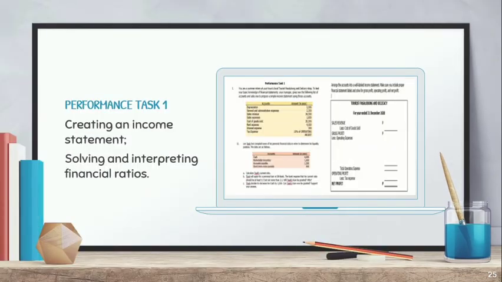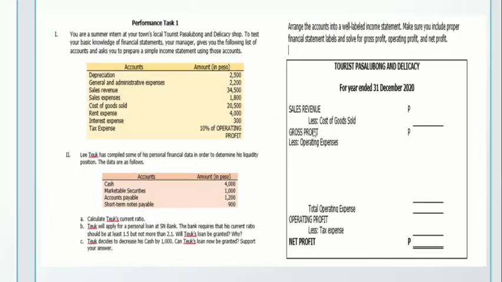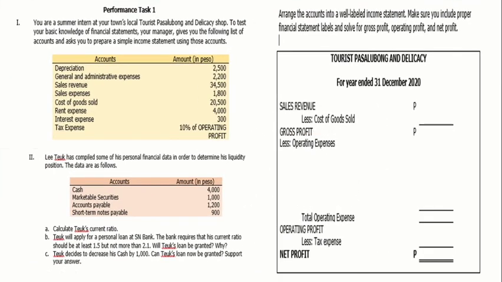Nya naa day performance task nato for the prelim period. So creating an income statement and solving and interpreting financial ratios. So mao ni ang atong performance task. So maghimo mo og financial statement pero given na nako ang mga details, so inyo na siyang i-arrange o i-label.